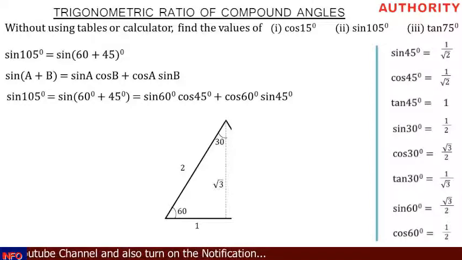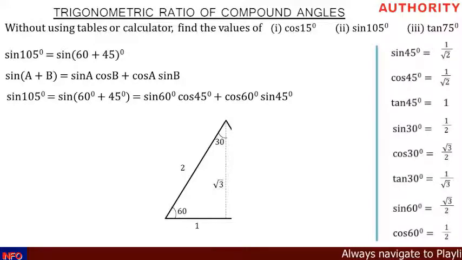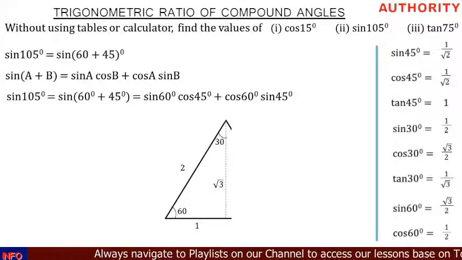Then cos 45 degrees gives us 1 all over root 2, and it is the same as sine 45 degrees. So sine 45 is 1 all over root 2, cos 45 is 1 all over root 2, sine 60 is root 3 all over 2, and cos 60 is 1 all over 2.